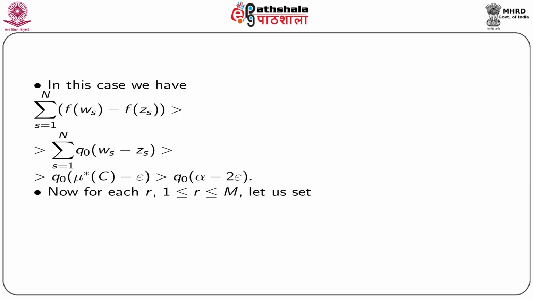Now, for each r, 1 ≤ r ≤ M, let us set Dr as the collection of all those positive integers s, for which the closed interval [Zs, Ws] is a subset of the open interval (xr, yr).